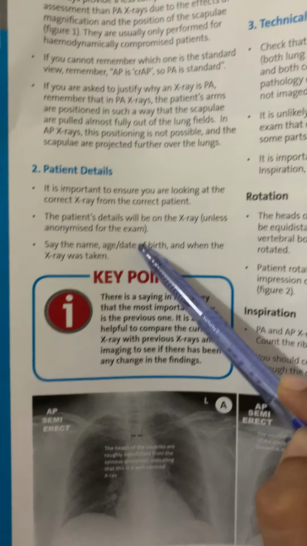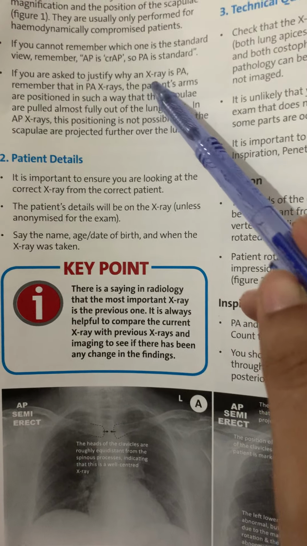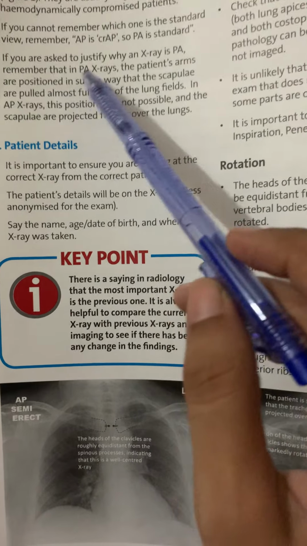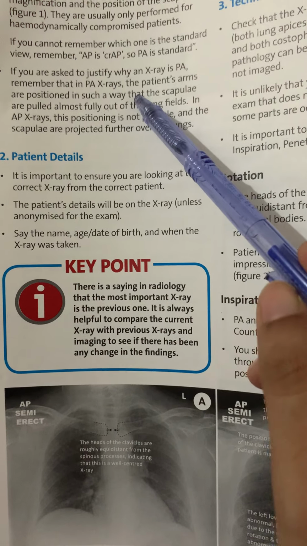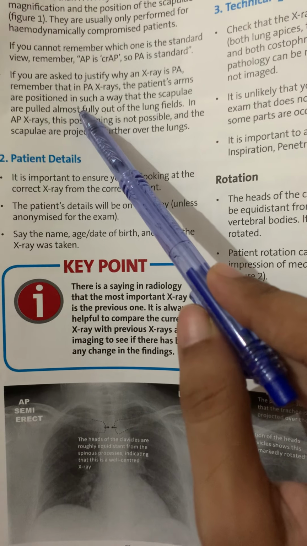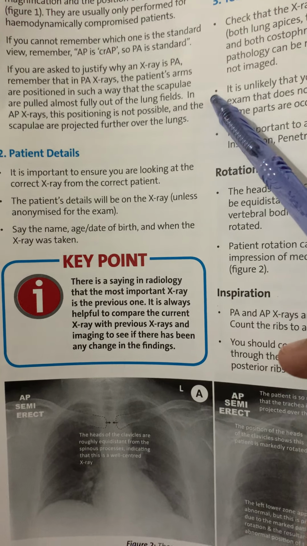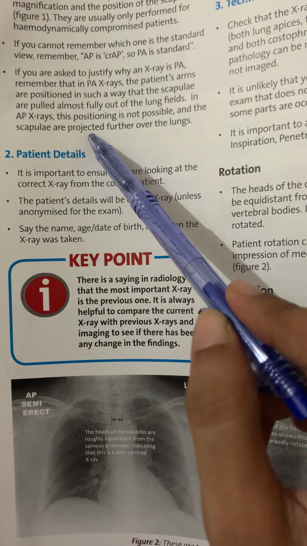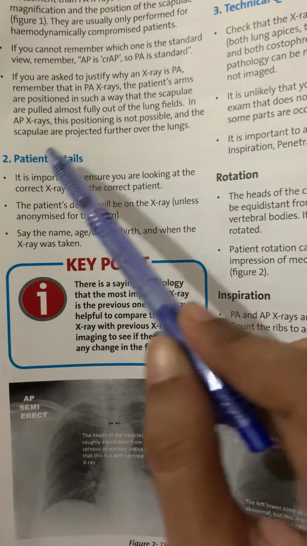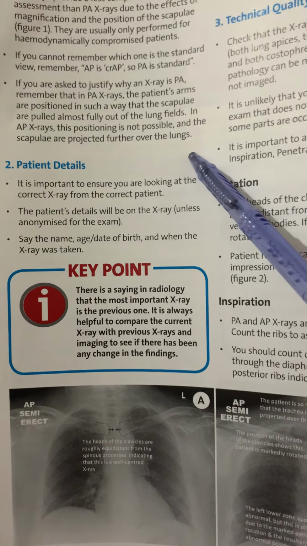So if you are asked to justify why an X-ray is PA, remember that in a PA X-ray, the patient's arms are positioned in such a way that the scapula are pulled almost fully out of the lung fields. In AP X-rays, this positioning is not possible and the scapula are projected further over the lungs.